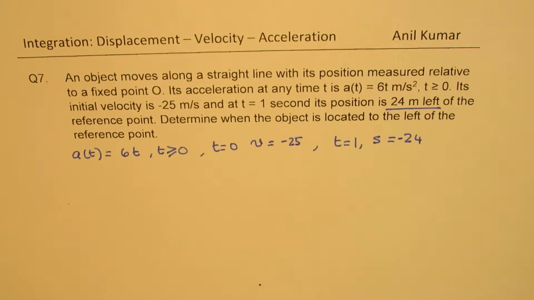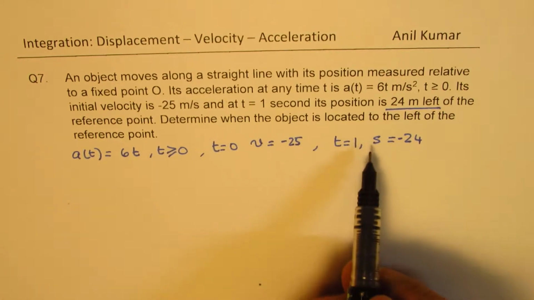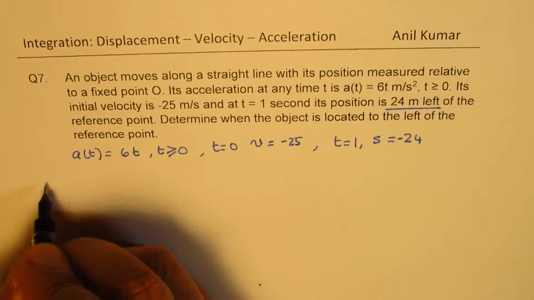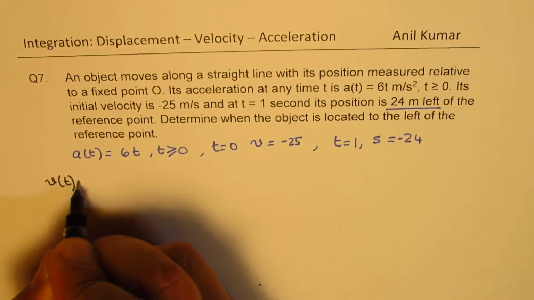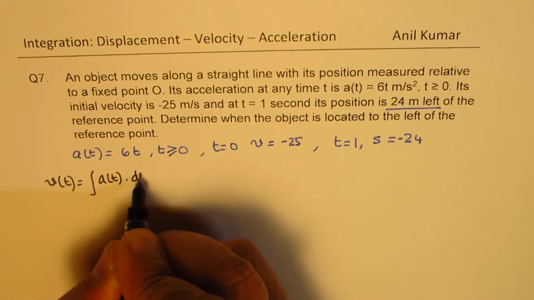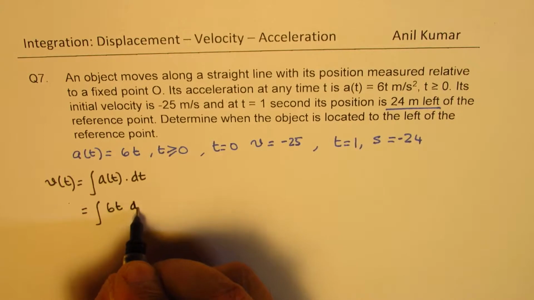We are interested in the displacement, the position vector on the left. So we'll have to do the integral of acceleration to find velocity first, right? Which is the integral of acceleration, so that is 6t dt, correct?